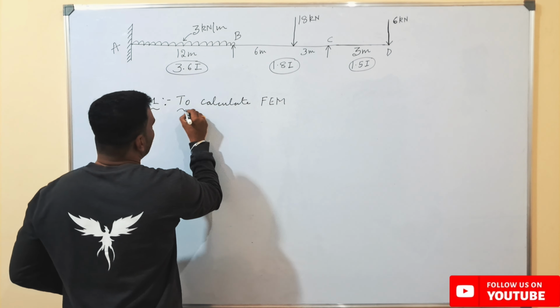The value will be equal to minus 15 kilonewton meters. Now if I want to write the modified fixed end moment, or the final fixed end moment, so this is the modified fixed end moment.